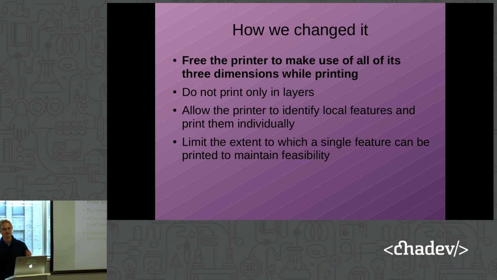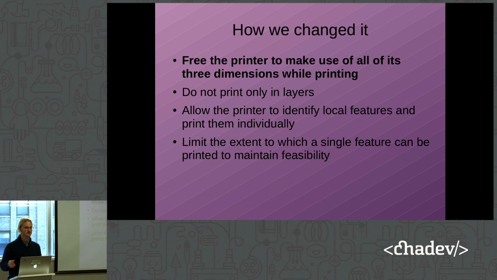It can move between these local features, and it will construct very efficient toolpaths, given a good traversal algorithm. But we also provide a way for you to limit the extent to which each one of these features is produced, so that it's easy to get an abstraction that's worthwhile for your printer.